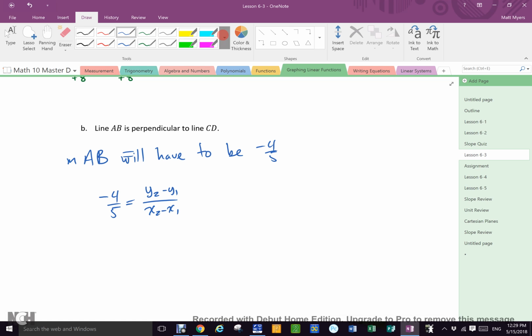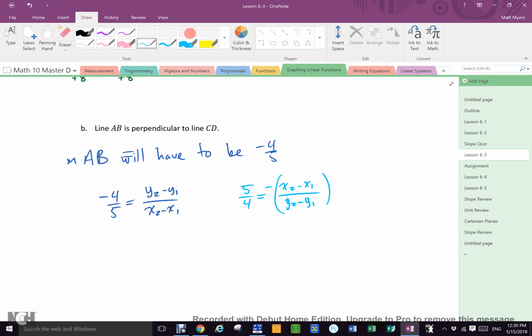What if I did it this way? What if I left this as 5/4? Then what would I have to do over here? Flip this side, so I could also do this. And all that would have to be what? Negative. Will both ways work? Let's check.